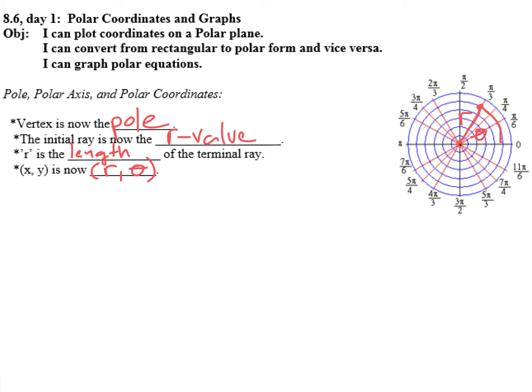And you see those two things marked. I'll put the angle in blue, right? And of course, we start from here. R is the distance from what we call the pole, or like the vertex, right? It's almost like you could think of that as the point 0, 0, okay? R is how far away we are from that point, and theta is the angle that we had to take to get there.